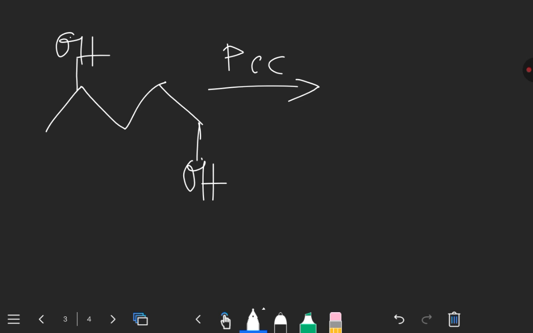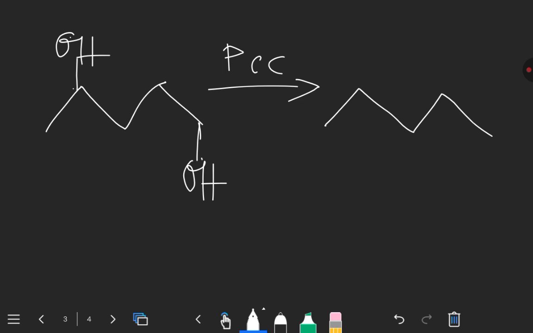So what we need to understand there is, is this a strong oxidizing agent or a weak one? So it's a weak oxidizing agent. Because it's a weak oxidizing agent, it will convert a primary alcohol to an aldehyde, then a secondary alcohol to a ketone.